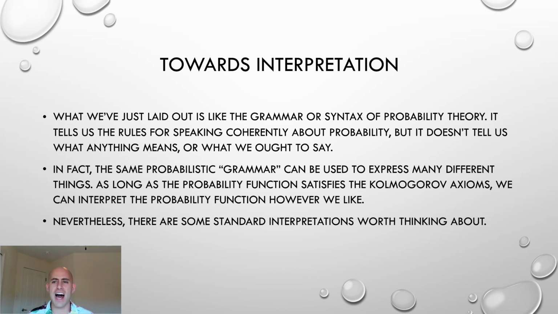So we have a lot of room with which to apply probability theory. Having said that, and I think in part because probability theory is so open-ended in its possible interpretations, there are some standard interpretations that are used a lot that are worth thinking about, and worth thinking about in a humanities analytics context as well.